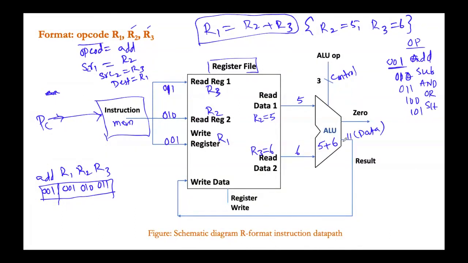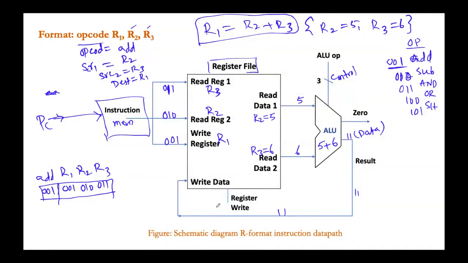And where should this 11 go and be written? When the instruction is decoded, the control signal says the result will be stored in the R1 register. So this 11 data will come, and the register write signal will be activated.